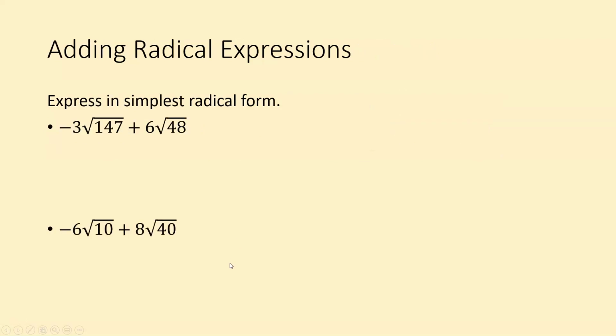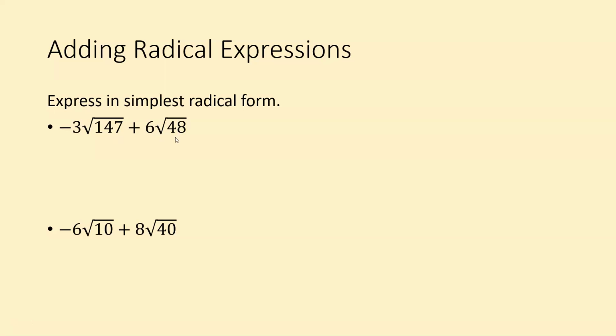Now I want to talk about adding radical expressions. We have these radical expressions that we're going to add, expressed in simplest radical form. The rule for adding radical expressions, and this is also the rule for subtracting, is that the radicand must be exactly the same. The number underneath the radical, here we have 147, and here we have 48.